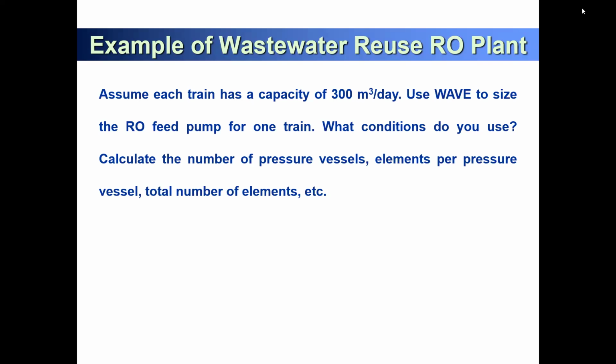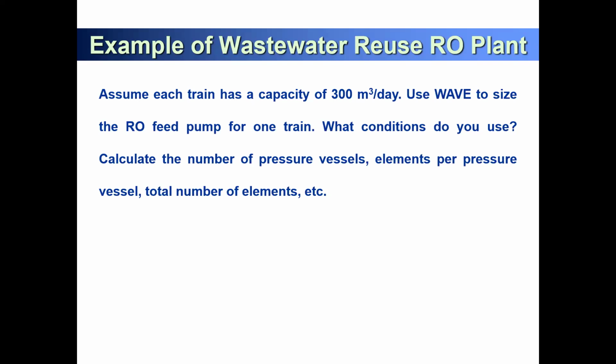This example is wastewater reuse, but your assignment is more about seawater desalination. It's a little bit different, but I'm sure you can manage it and then try seawater desalination for your assignment. I just want to show the wastewater reuse, which has a different condition.